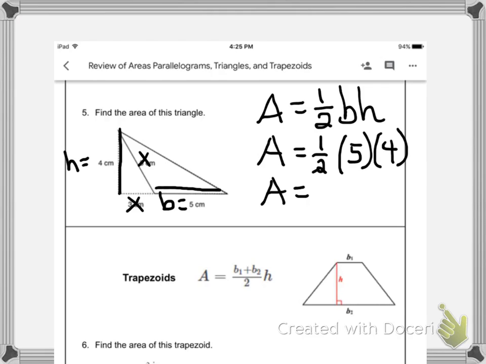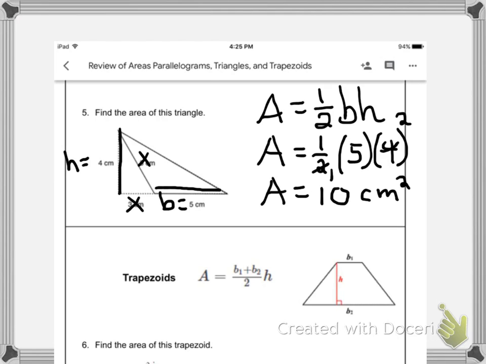I can take 2 and divide it into 4 and get 2. 2 into 2 goes 1 time. 1 times 5 times 2 would give you 10 over 1, which is just 10. So we have 10 centimeters squared is our answer.